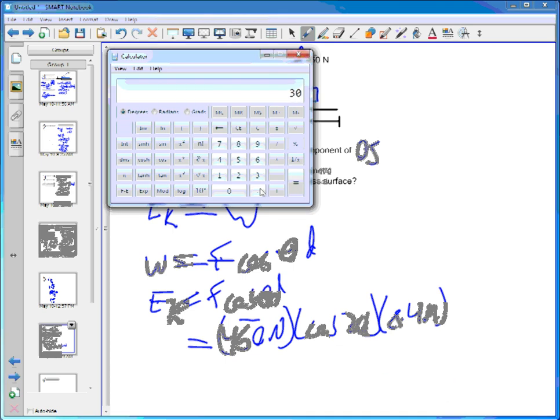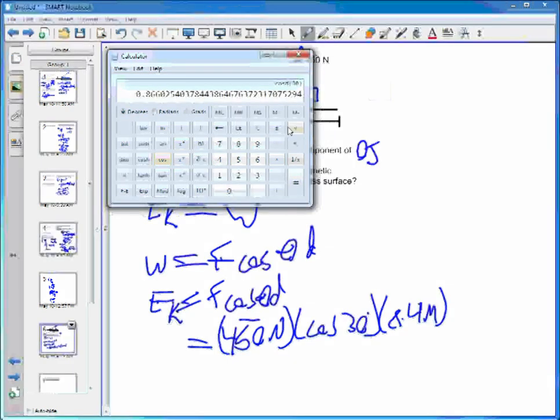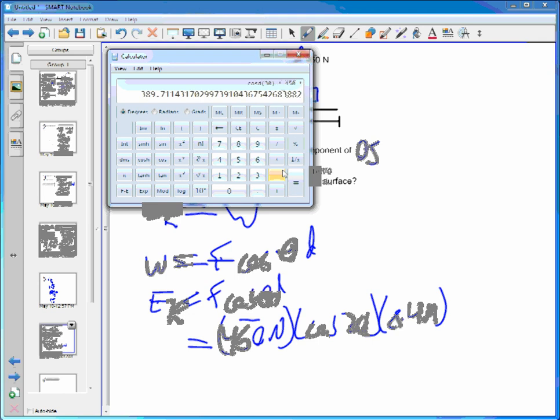That's cos of 30 degrees times 450 newtons times 8.4 meters.